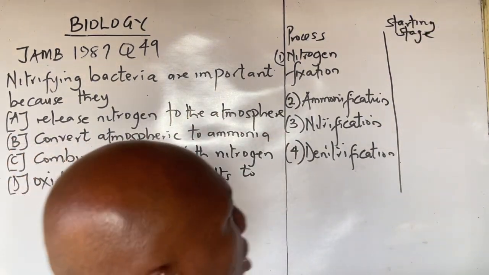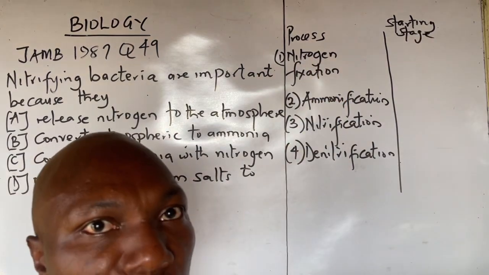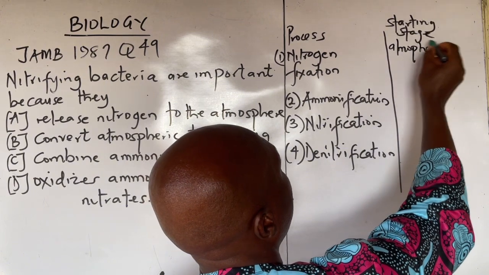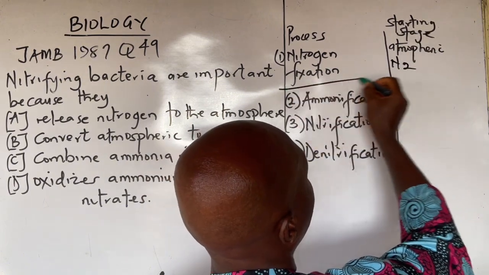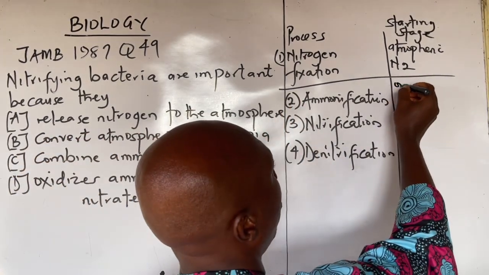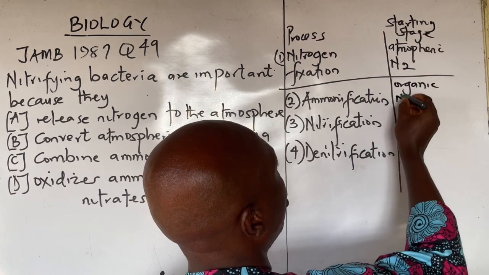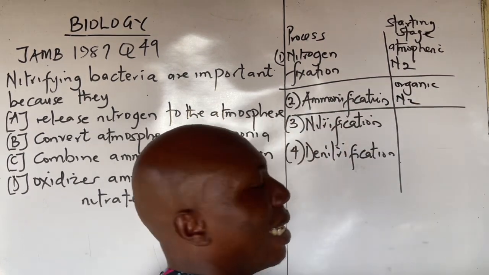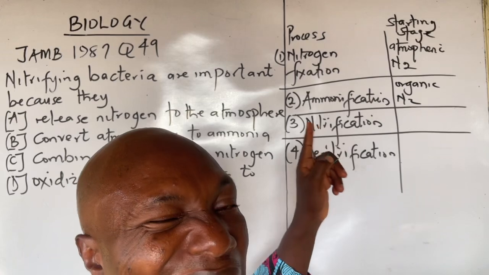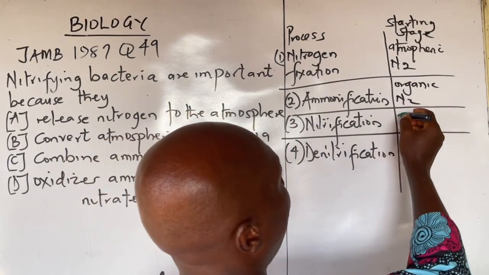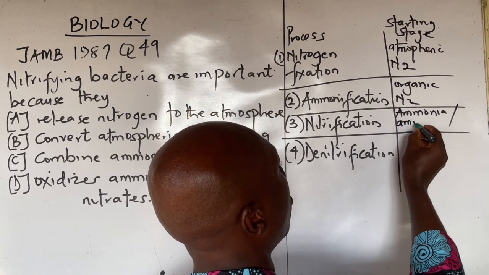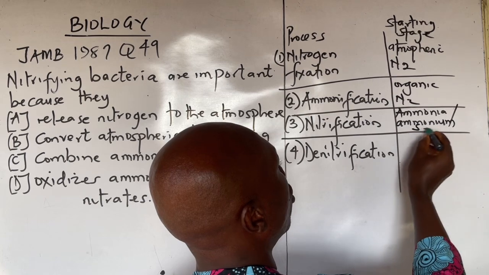The starting stage for nitrogen fixation is atmospheric nitrogen. The starting stage for ammonification is organic nitrogen. And nitrification, which is what we are discussing now, the starting stage is ammonia or ammonium salts.